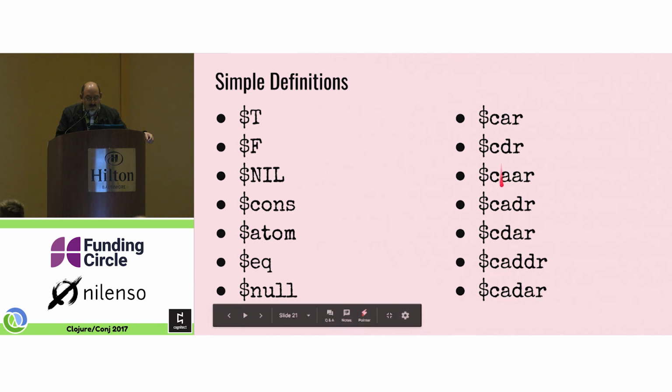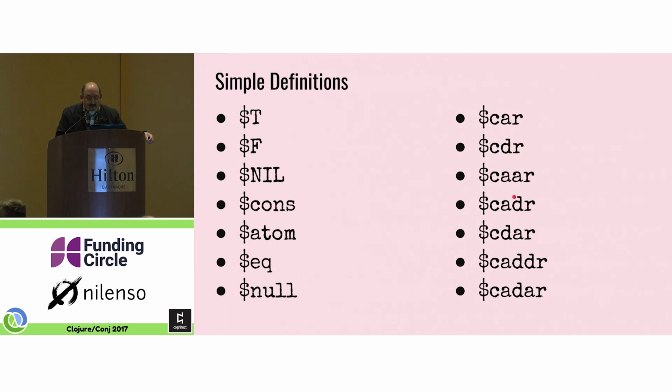A lot of Scheme and Common Lisp users really like this possibility of combining car and cooter in just one operation, and they usually say that that's why they do not like using first and rest as we do in Clojure. I personally like first and rest more. I think they're much easier to understand. But I'm keeping these names just because I'm trying to be faithful to the original publication.